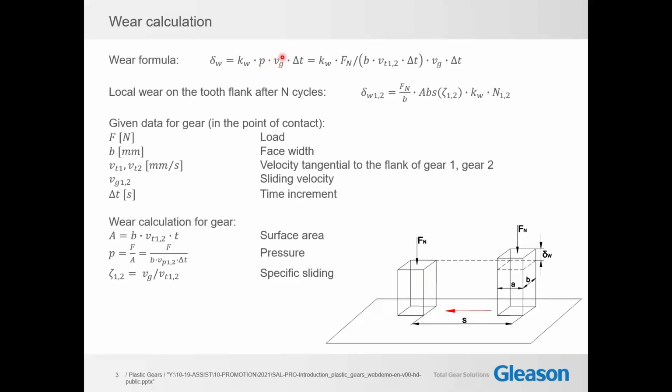Then we have the sliding speed between the two flanks. The more sliding speed we have over a certain amount of time, the more total travel we will experience. Therefore, the wear volume will increase. And then, of course, everything is a function of time, or time can also be expressed as a number of rotations of the gears in mesh. These are the 4 parameters.